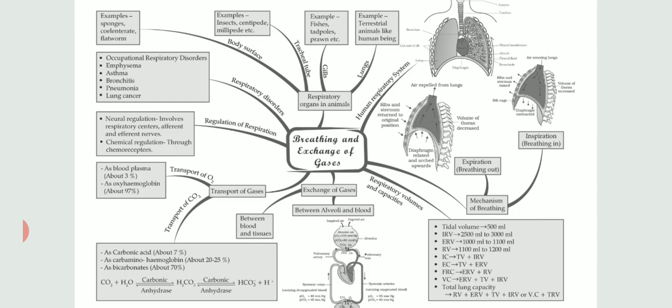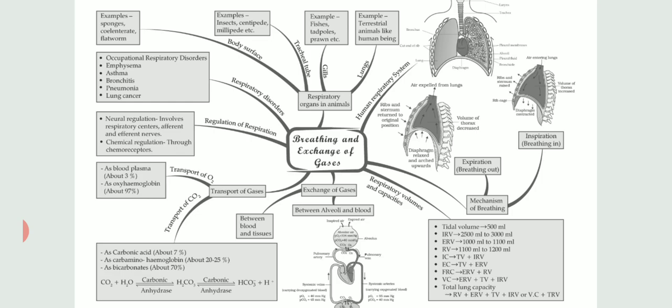Then there is the system which is called the respiratory system. It starts with inhalation. Inhalation means there will be a change in the lung part that will intake oxygen into the body with the help of the diaphragm, ribs, and the muscles that are surrounding the lungs.